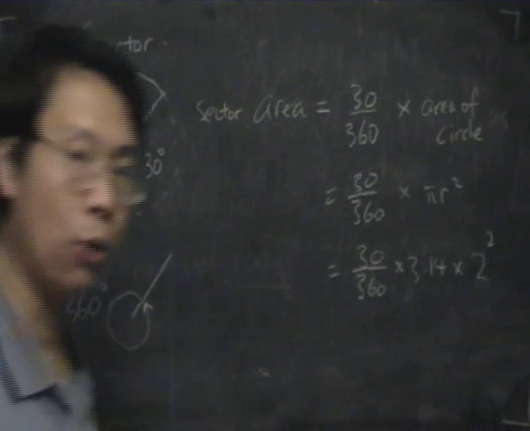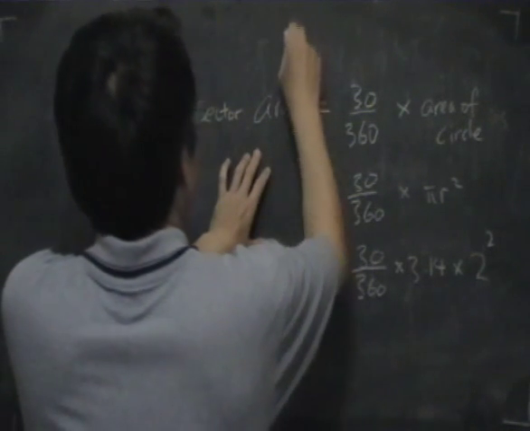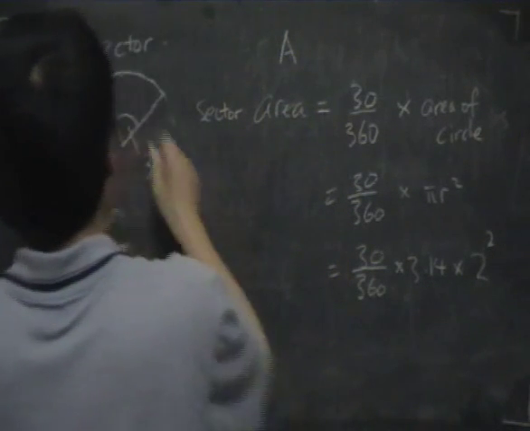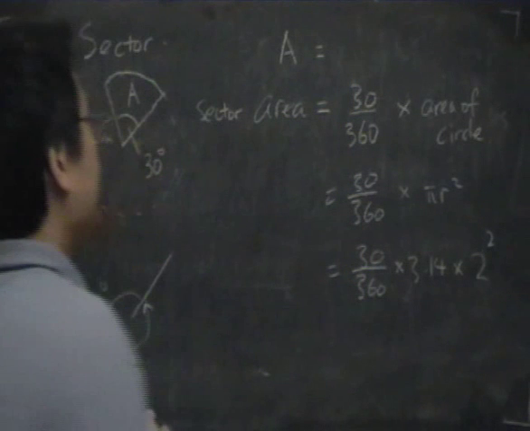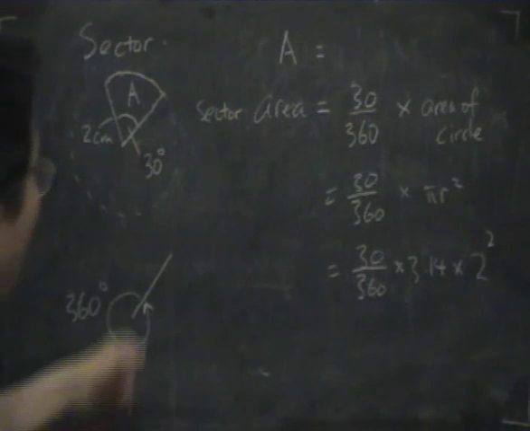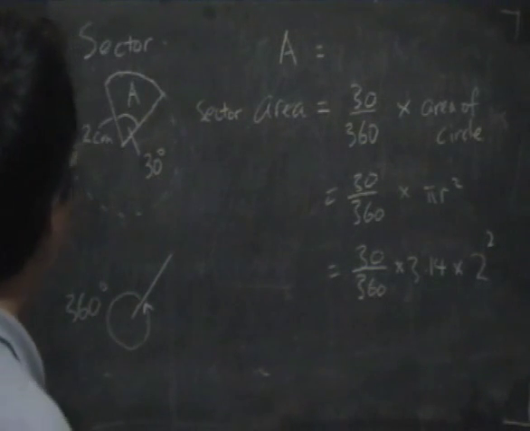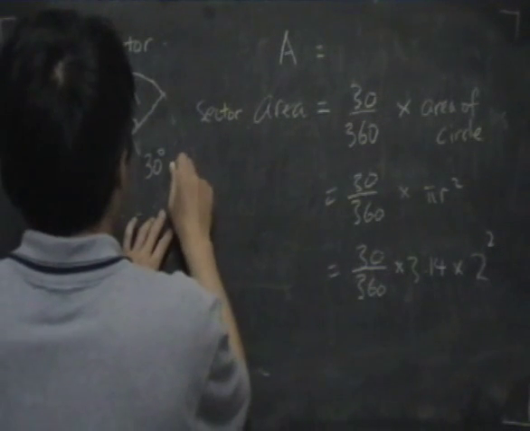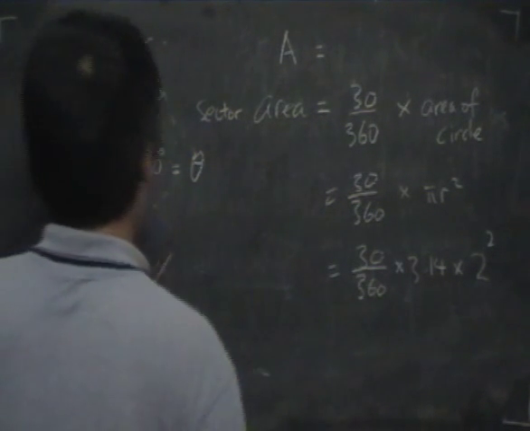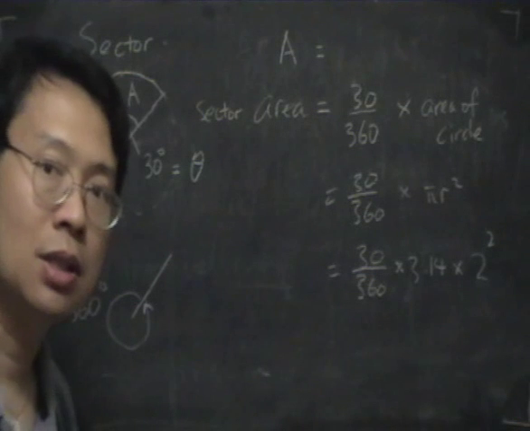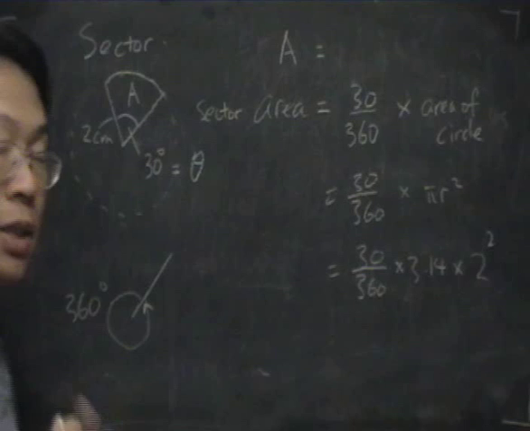Now let's make a formula for this. Let me call the area A, that's the area of the sector. This is equal to, now let's give the angle a symbol. The symbol is usually this funny curly thing called theta.